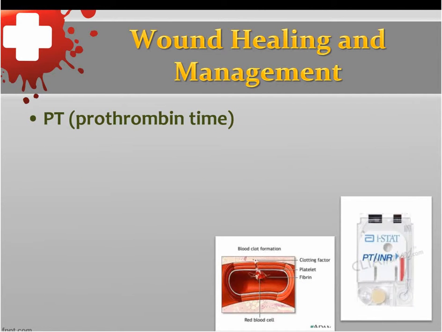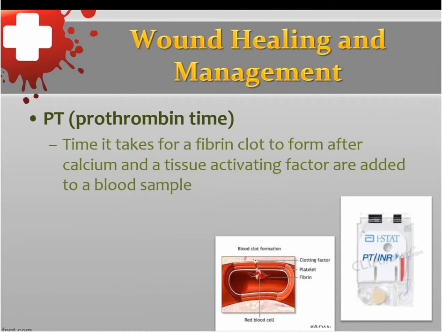Next is PT, or prothrombin time. This measures the functional activity of coagulation factors involved in the extrinsic and common pathways. The PT does this by measuring the amount of time it takes for a fibrin clot to form after calcium and tissue activating factor are added to a blood sample.